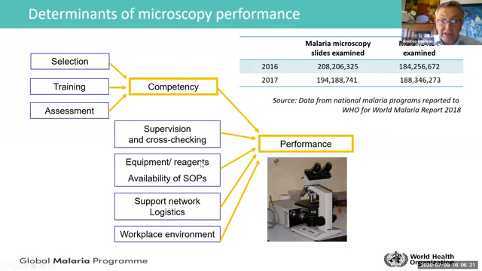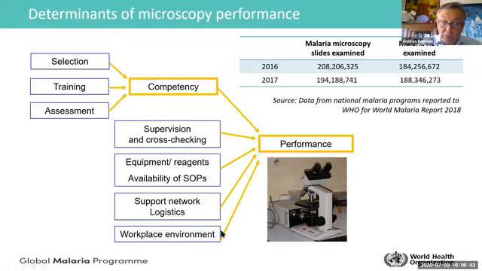What about the quality of the Giemsa, which is sometimes problematic, and even the slides which are available? Do they have the right operating procedures? Do they receive regularly all the supplies in time so they can perform with quality equipment and quality supplies?